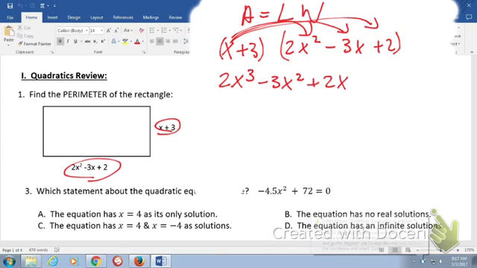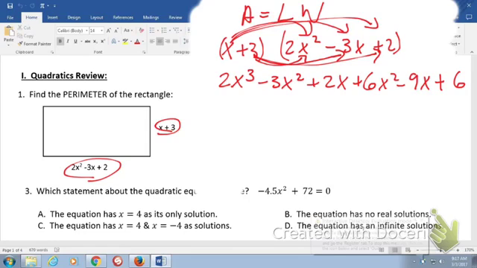Now I'm going to do the same with the 3. So 3 times that is going to give me a plus 6x squared, then 3 times negative 3 is going to be negative 9x, and the last one should be plus 6.